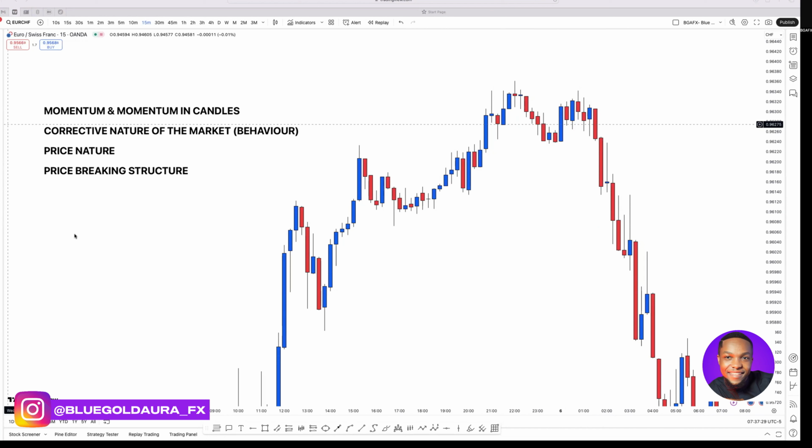In contrast, when the market is about to reverse, you are going to see the candlestick sizes start reducing. Just like we see here, we see an upward movement. The market has been buying, and you can see the nature of the candles.